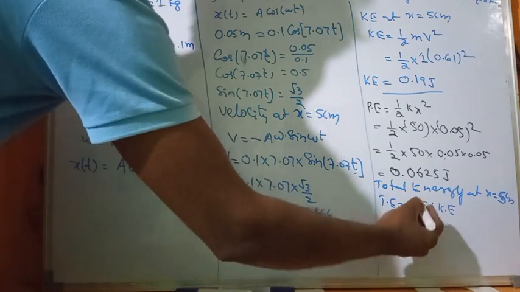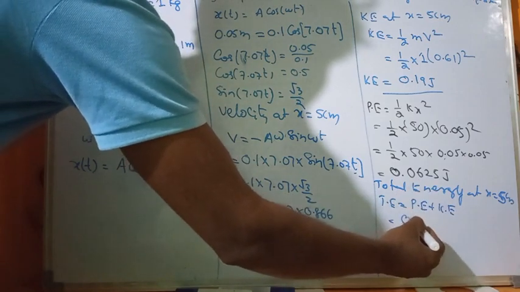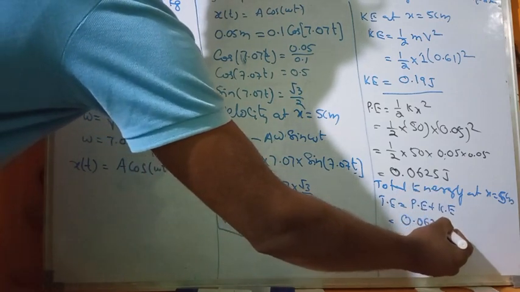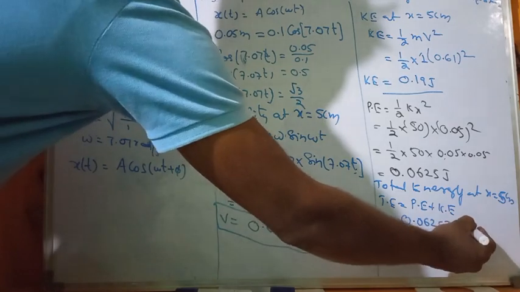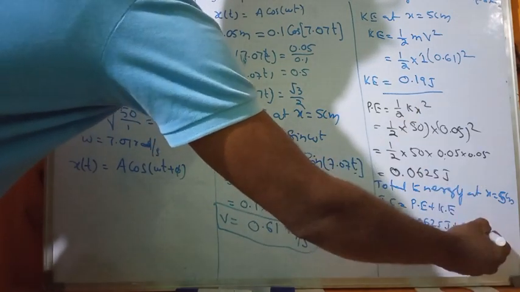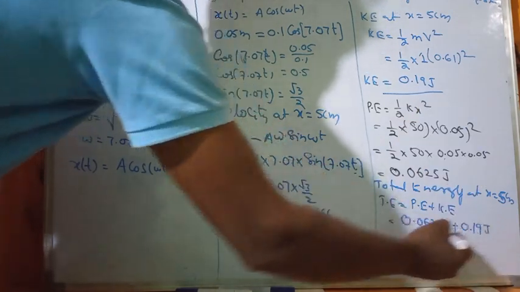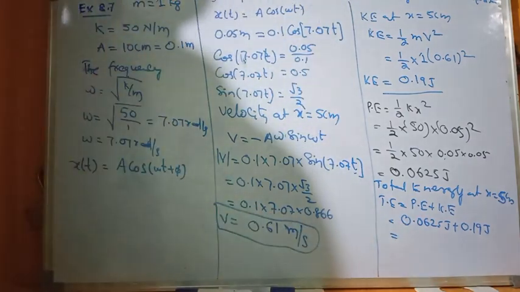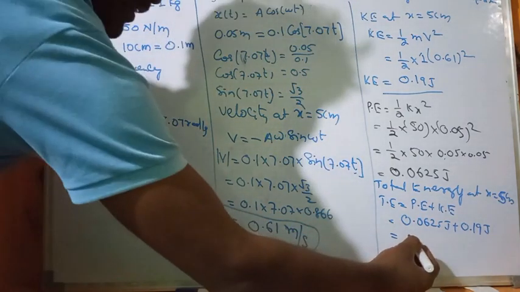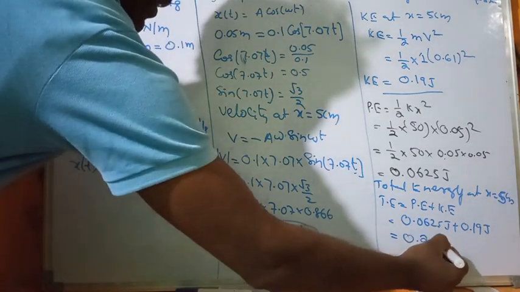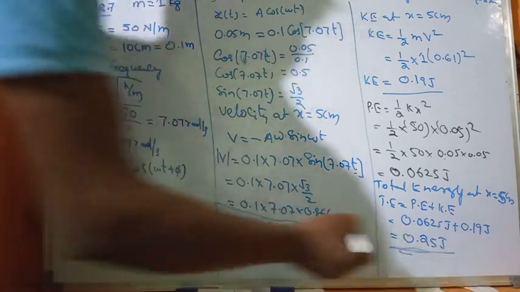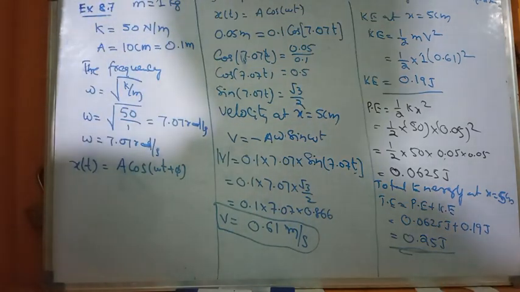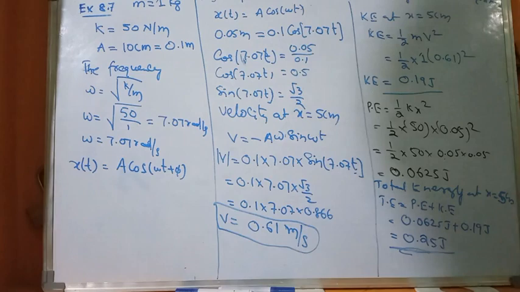The potential energy is 0.0625 joules plus the kinetic energy, 0.19 joules, and in total it is equal to 0.25 joules. This is the total energy at x equal to 5 centimeters.